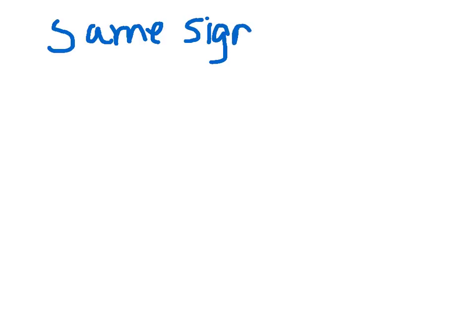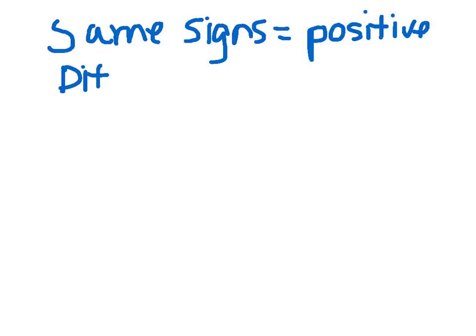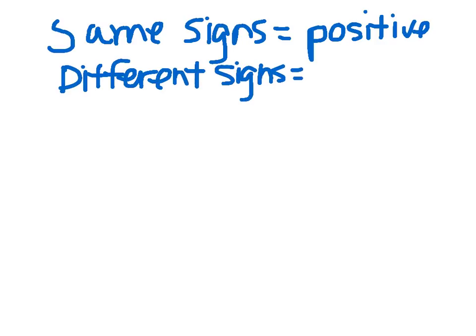Basically, what that means is that our rules for dividing are exactly the same as when we multiply two numbers at a time. If I have same signs, they give me a positive. If I have different signs, they equal a negative.